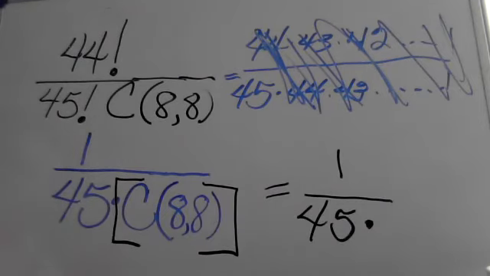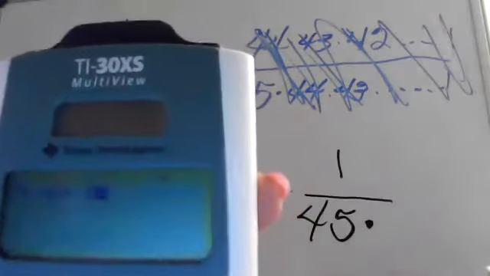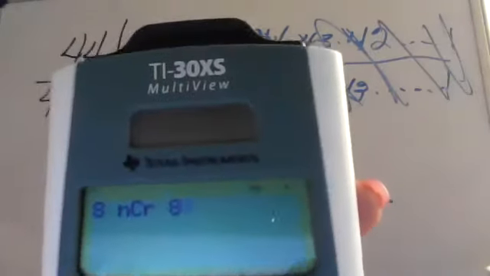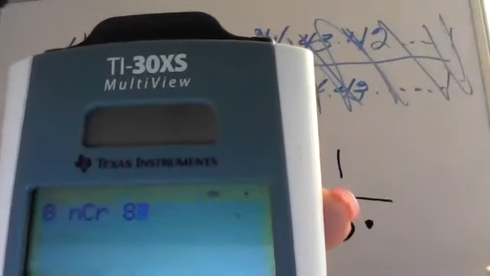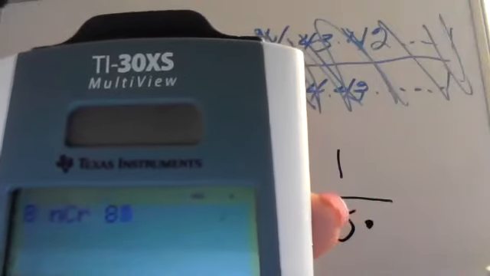Does somebody get the answer? I'm not hearing anything. This is what it should look like: you're putting the 8 in first. Then since it's a combination, we want to find the combination. Take 8 at a time.